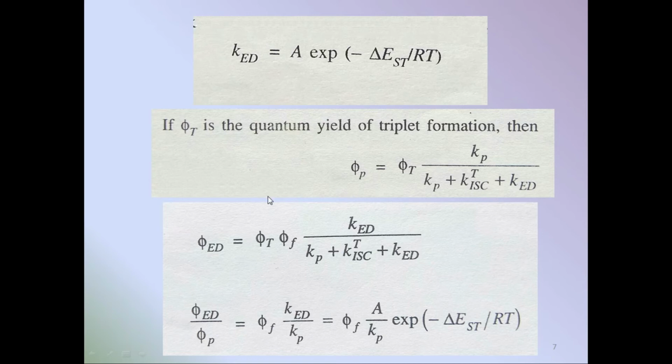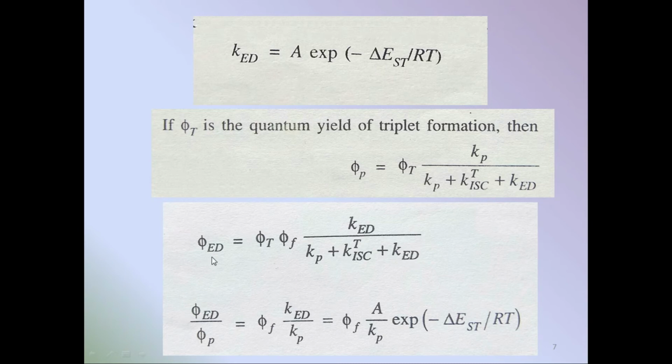After thermal excitation from triplet T1 to singlet S1, fluorescence occurs with the usual fluorescence efficiency phi f. Therefore, the efficiency of delayed fluorescence is given by the next equation: phi ed equals phi t into phi f into Ked upon Kp plus Kisc plus Ked.